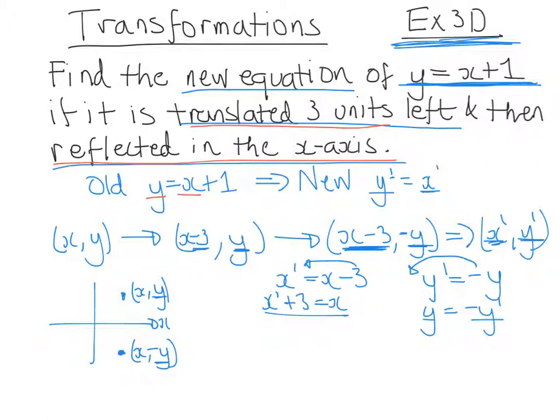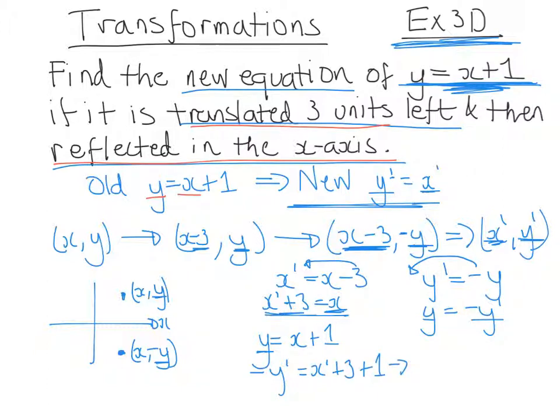Well, how do we figure out what our new graph is? Let's use our old graph and substitute in these points. If we have y equals x plus 1, and then we substitute in the new things that we know, in place of the old value of y, the new value of y would look like that. In place of the old value of x, what about we sub in the new value of x?